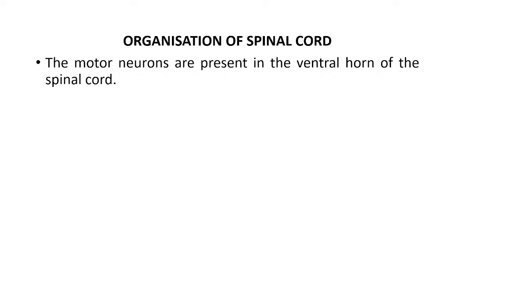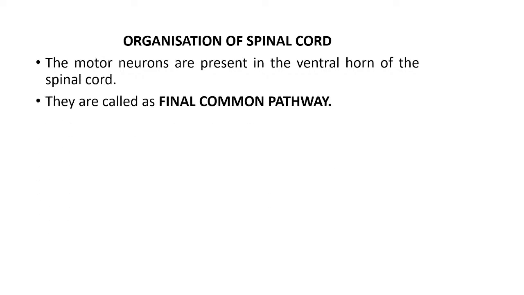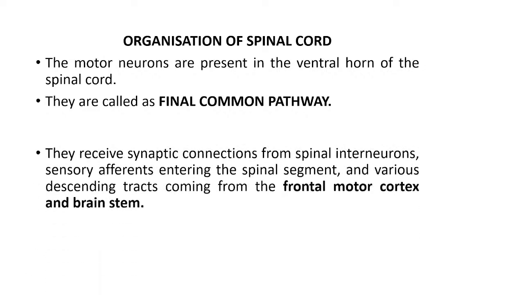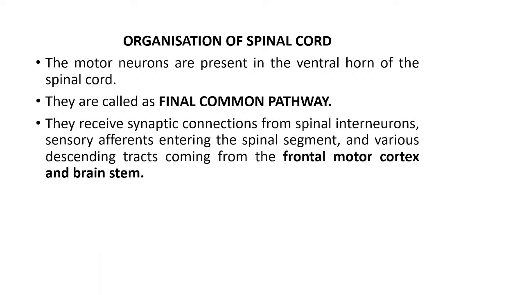Okay. So the motor neurons are present in the ventral horn of the spinal cord. They are called the final common pathway or simply lower motor neuron. They include both alpha and gamma motor neurons. Got it? They receive synaptic connections from these structures. Spinal interneurons. What are spinal interneurons?